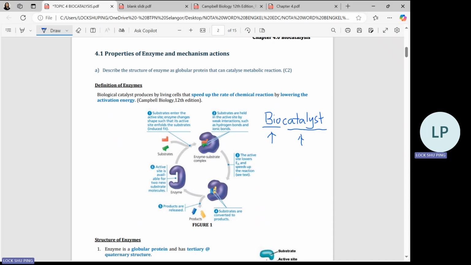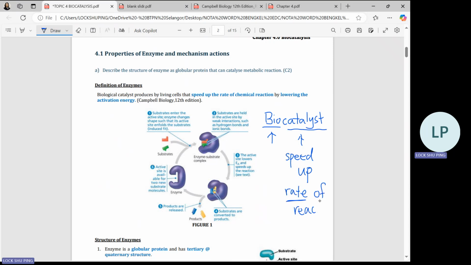When we define a thing as a catalyst, we know that that particular substance is able to speed up the rate. Okay, remember, speed up the rate of reaction.